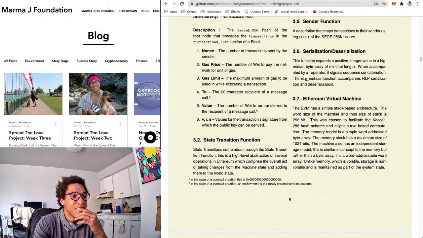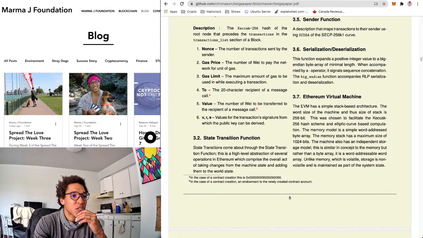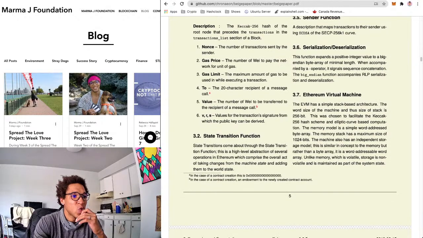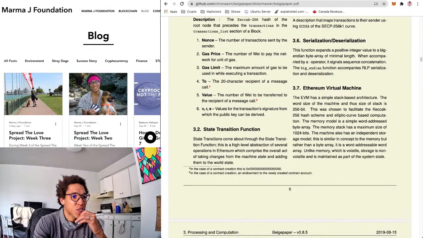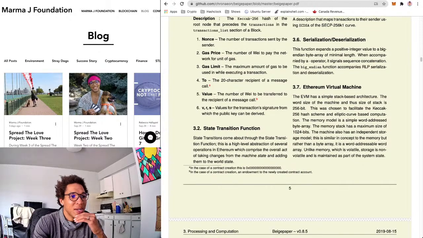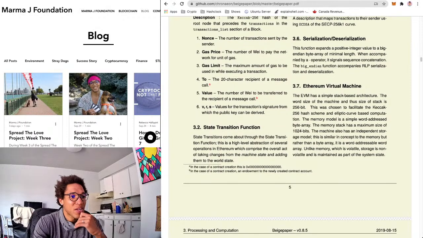The EVM. The EVM is a simple stack-based architecture. The word size of the machine, and thus the size of stack, is 256-bit. This is chosen to facilitate the Keccak-256 hash scheme and elliptic curve-based computation. The memory model is a simple word-addressed byte array. The stack has a maximum size of 1024.